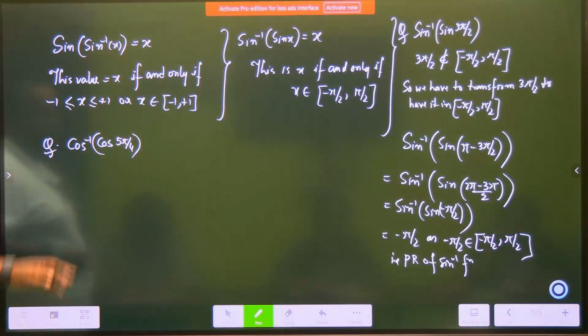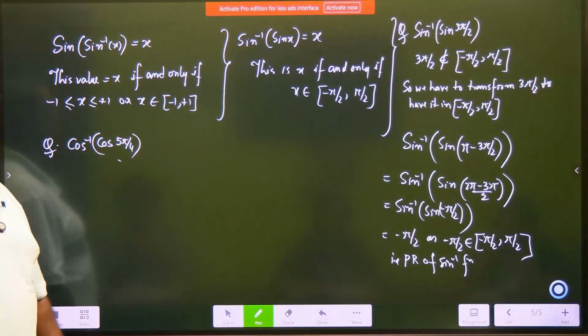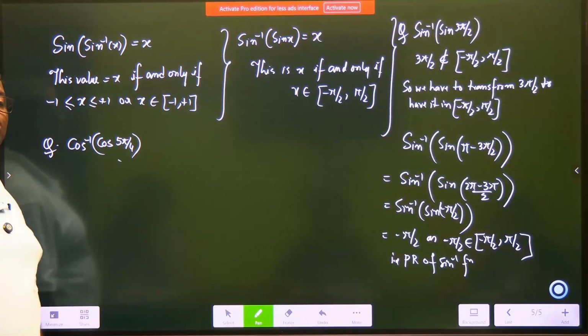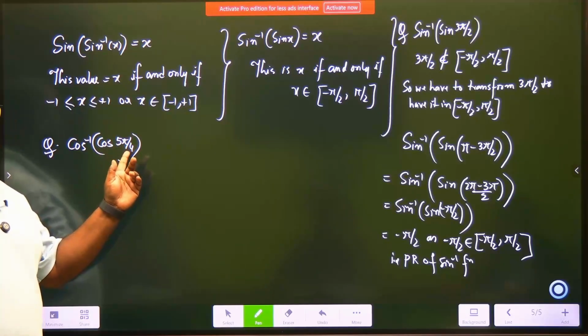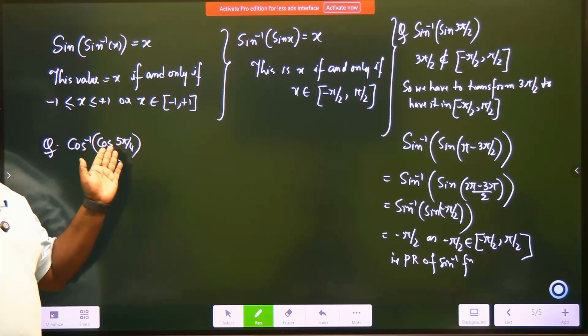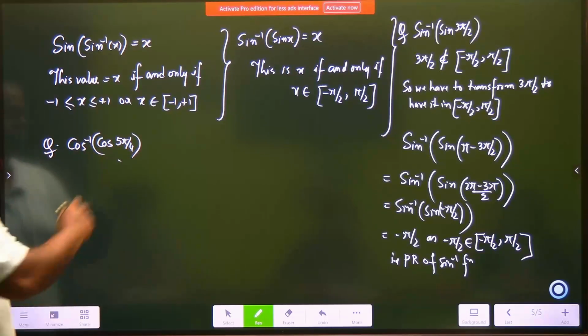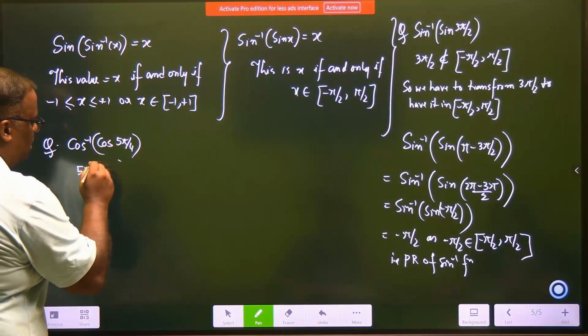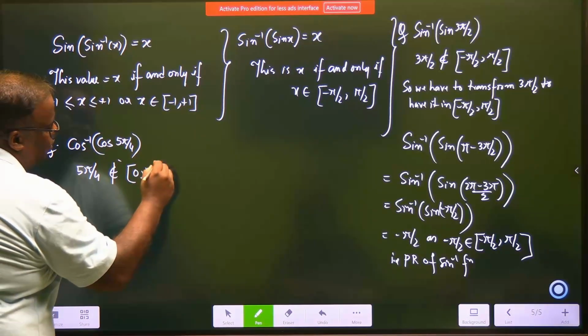First of all, for a cos function, your value should be between 0 and pi, which means 0 to 180 degrees. 5 into 180 divided by 4, so anyway, it is crossing pi. 5 divided by 4 is more than 1 pi. So 5 pi by 4 does not belong to 0 to pi.